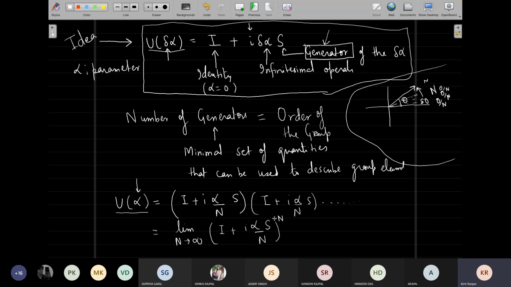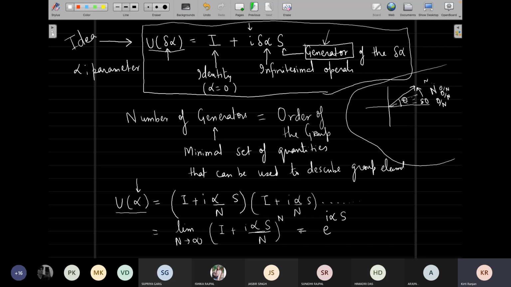What kind of a structure do you get? Limit n tends to infinity, identity plus this. It's an exponential. Exponential of what? I alpha S. Not n, because this is the property: I plus lambda over n raised to power n is exponential lambda.